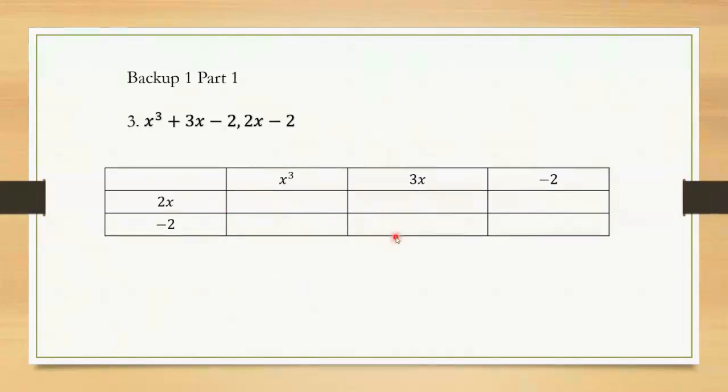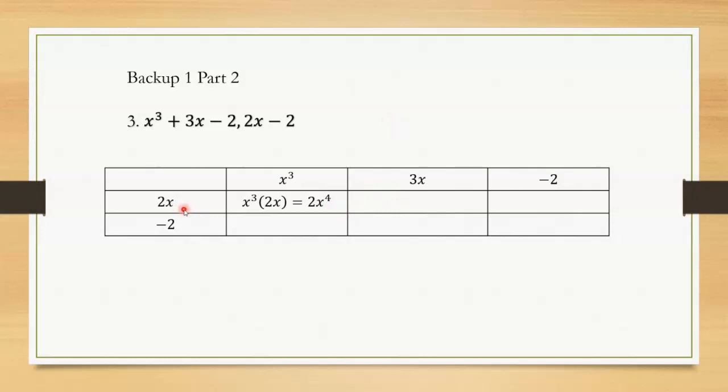And for these missing entries, what do we do? We multiply. So we do row times column, we get this, right? And that gives us x cubed times 2x, which is 2x to the fourth.